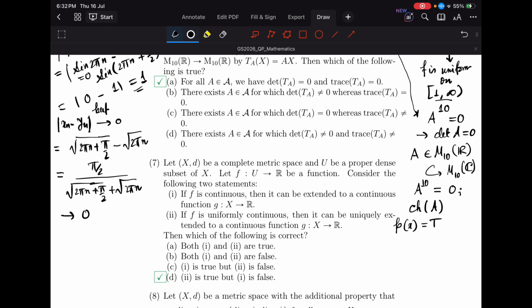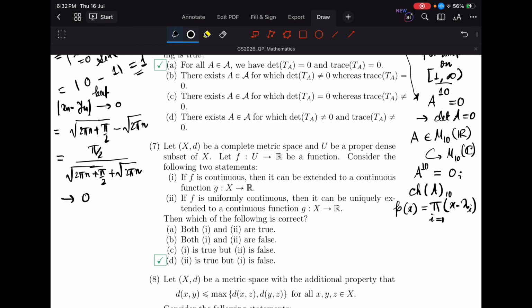It is factorized in x minus lambda i's, where i is 1 to 10. There may be multiple roots of this characteristic polynomial, but these lambda i's are eigenvalues.